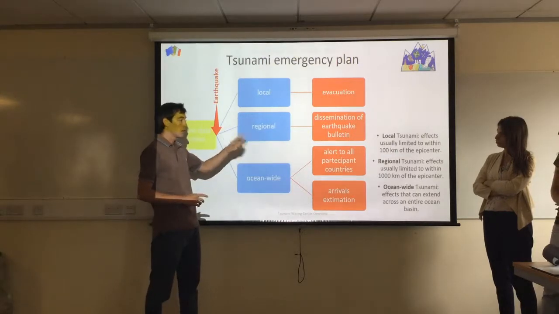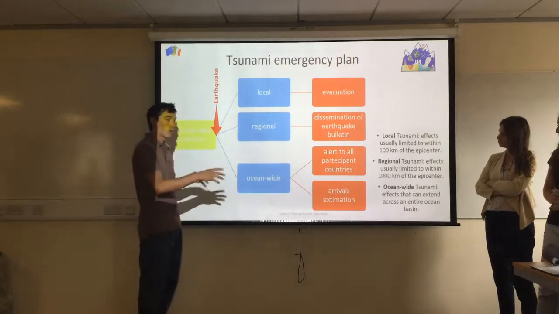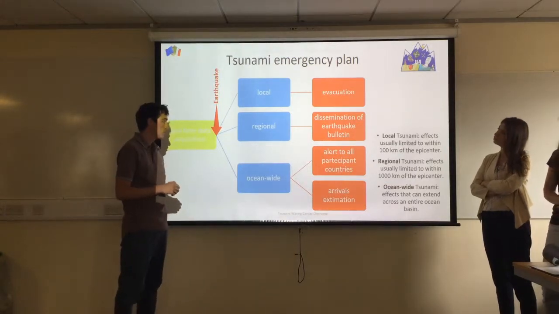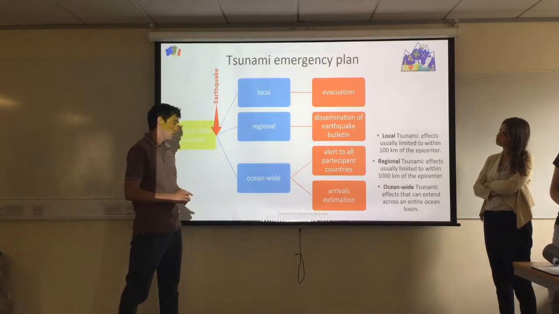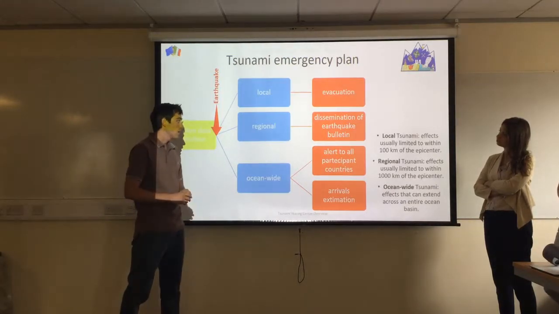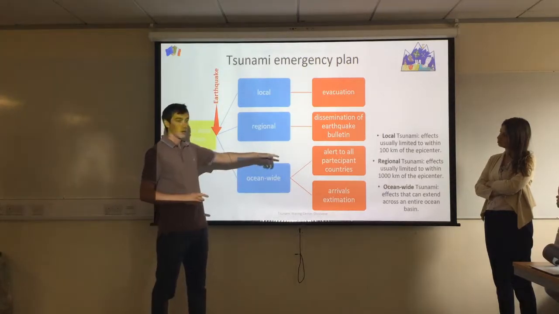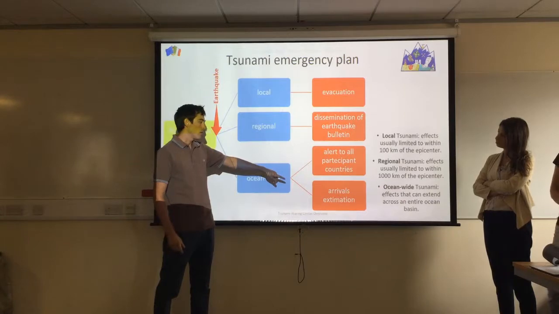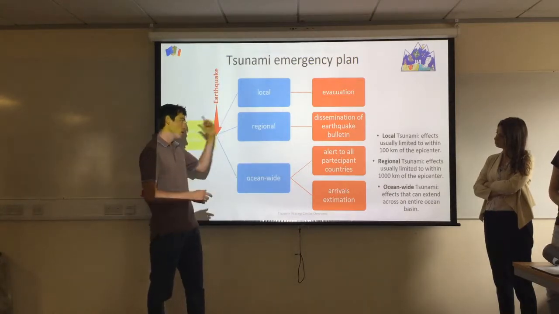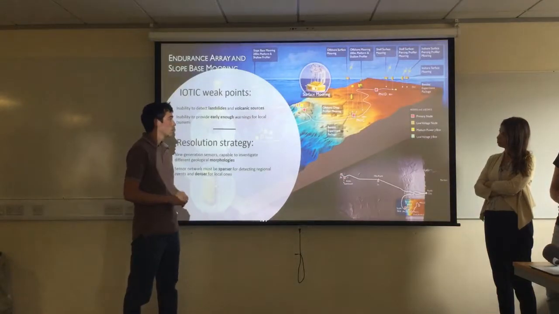They disseminate the bulletin of the earthquake, and they decide where the areas are that will be struck by the tsunami. And ocean-wide is very dangerous. They alert all the participant countries, and they quickly estimate the arrival of the waves, as we saw before in the maps, and so they decide what to do.